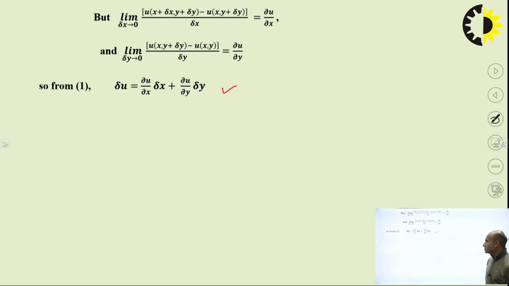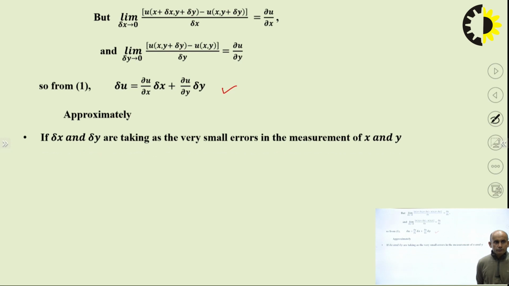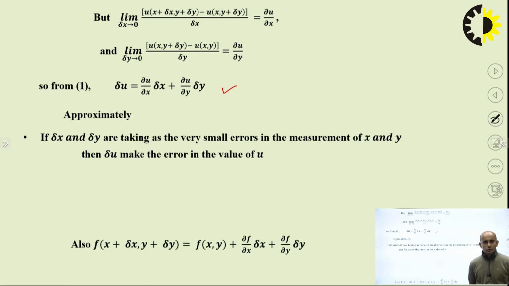If we have a small change in the value of x, which is delta x, and a small change in the value of y, which is delta y, then the corresponding change in the value of u will be delta u, which is del u upon del x, delta x plus del u upon del y, delta y. Now if delta x and delta y are taken as very small errors in the measuring of x and y, then delta u will be the very small change or error in the value of u.